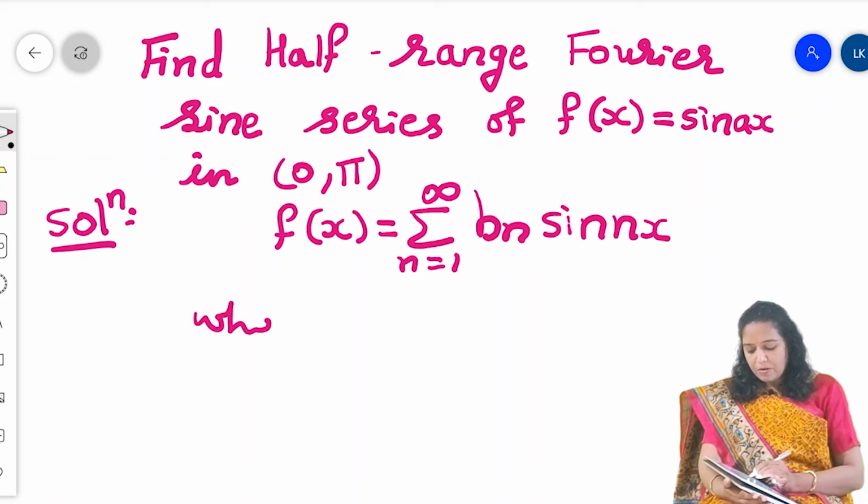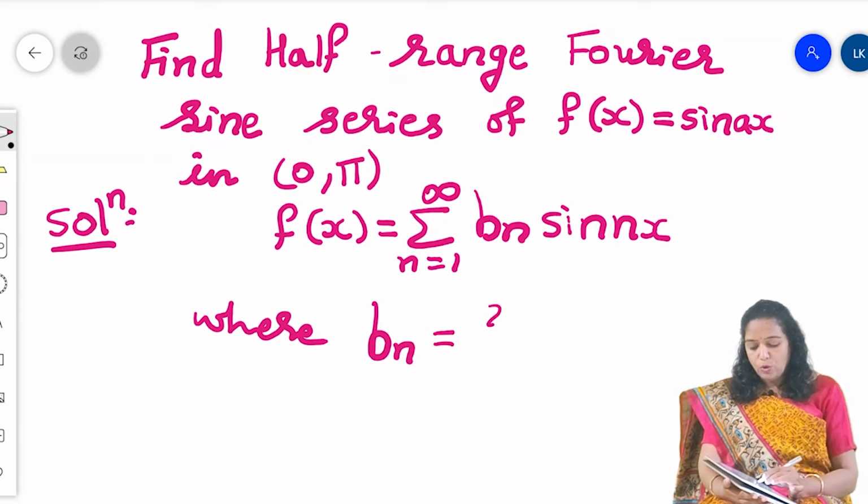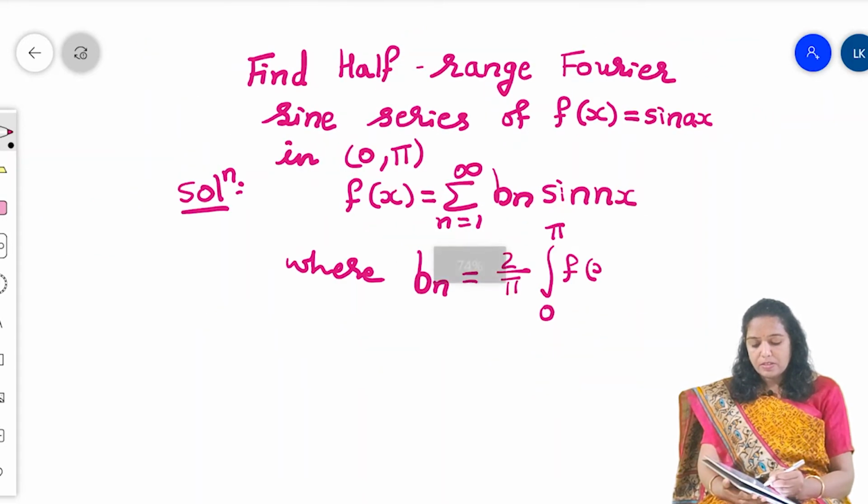where bn is equal to 2 upon pi integral from 0 to pi of f(x) sin nx dx.